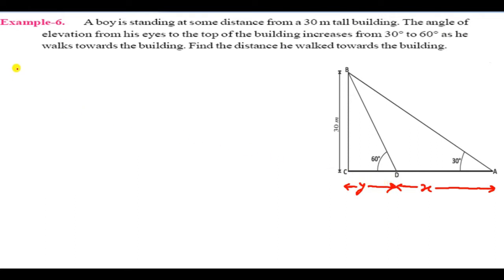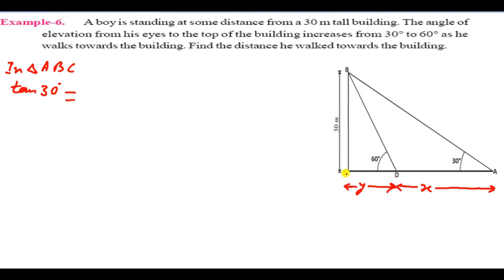Now in triangle, first of all, which one? That is BCA, or you can say ABC. It is ABC. Now tan 30 is equal to perpendicular upon base.